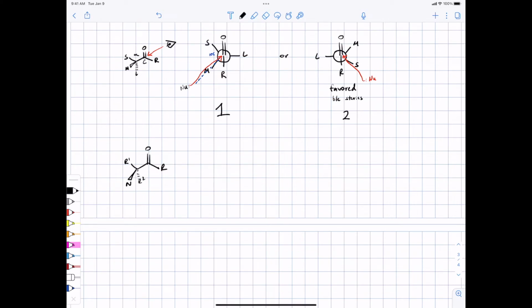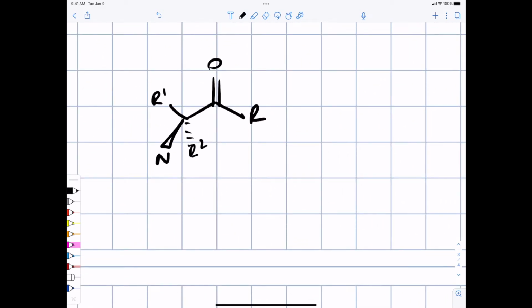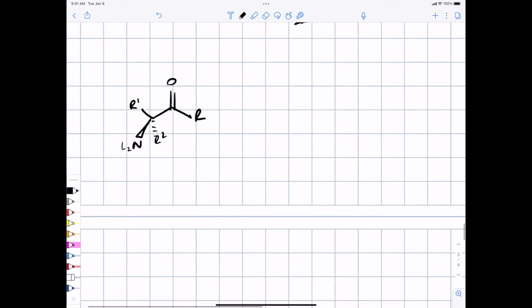And let's just suppose this is some amino group. I don't want to be specific on what that amino group is attached to, so let's use L, for ligand.